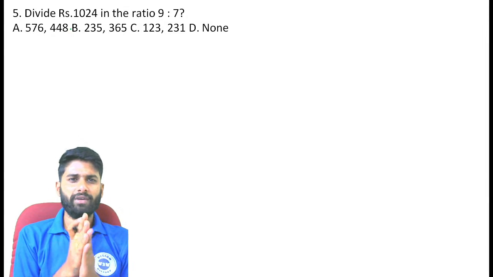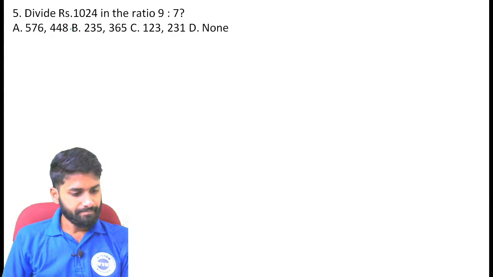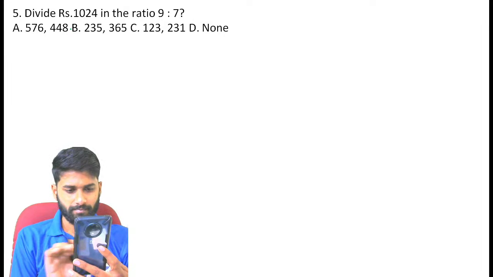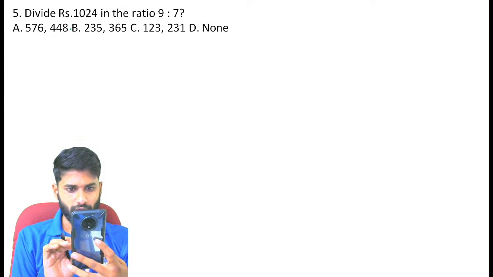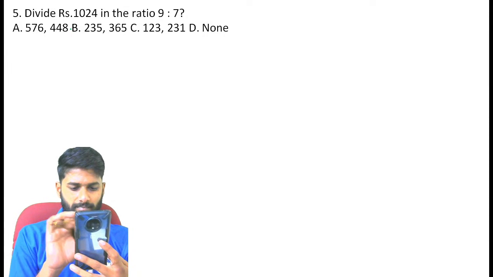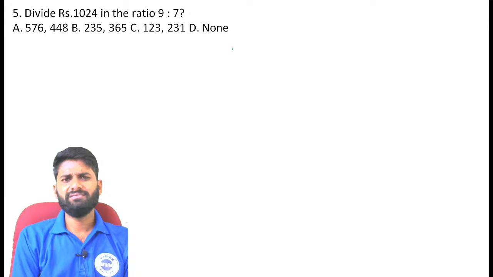Divide 1024 in the ratio of 9 is to 7. Now see, this is a basic question, guys.